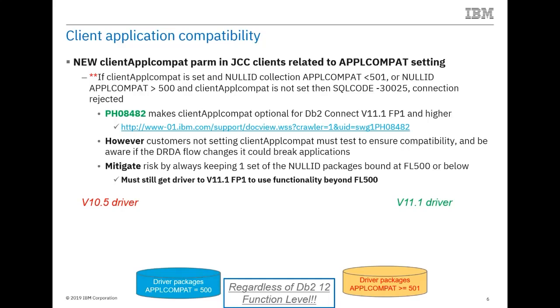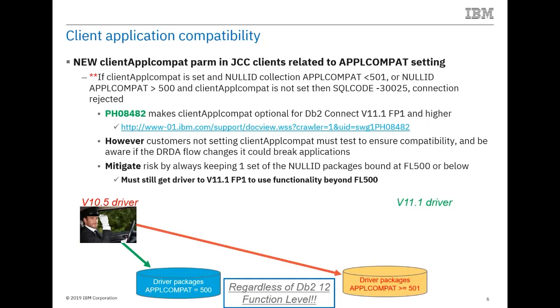So again, if you choose not to mess with this clientApplCompat parameter, the onus is on you, Mr. Customer, to ensure and test and make sure that, if we did put out a change to the DRDA flow, that wouldn't break an application. So I give a little visual here to try to help explain this. If you're on a down-level driver, you can always connect to packages bound at APPLCOMPAT 500 or lower. You cannot, however, connect to APPLCOMPAT 501 or higher.